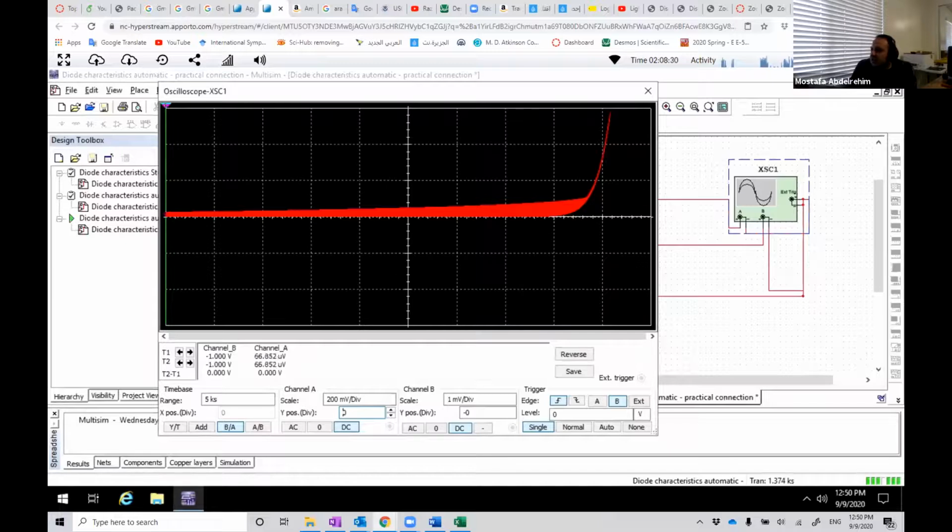So basically, we need 2 points on the straight line, and we can just take delta x for these 2 points and delta y, and that's it. We can get the resistance.